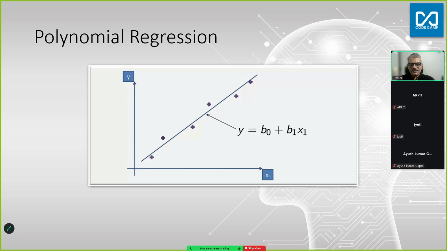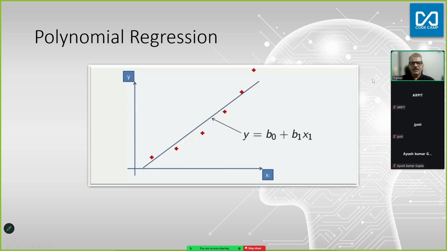Now let's say the data looks something like this. If you draw a straight line, three points are below this line and only two points are above it, so we can say this line is not a fit for these data points.